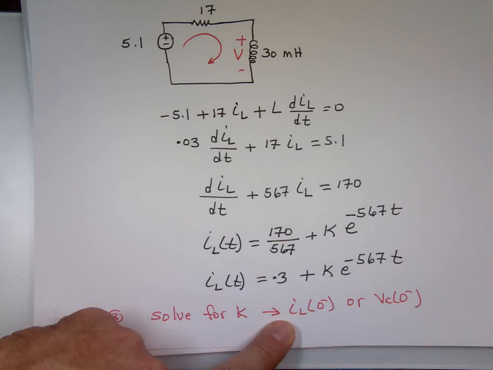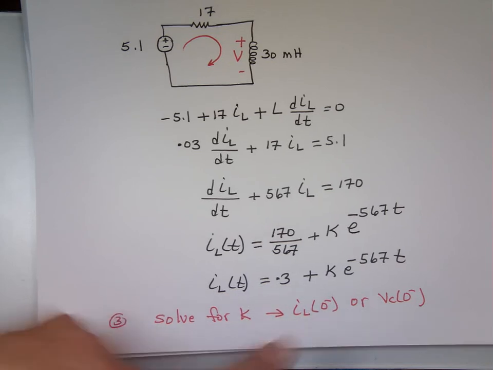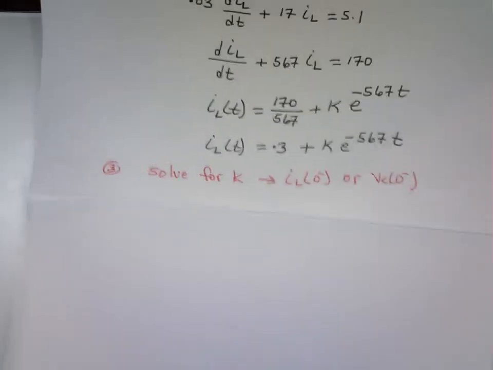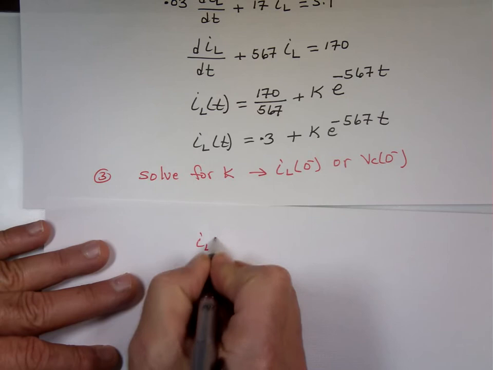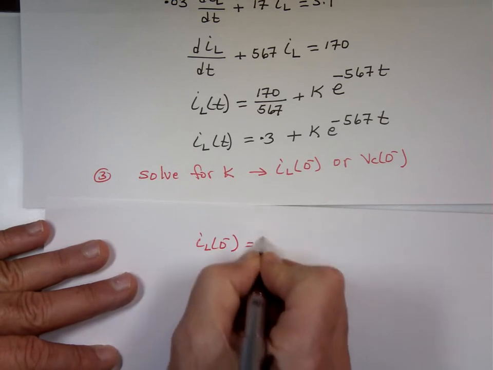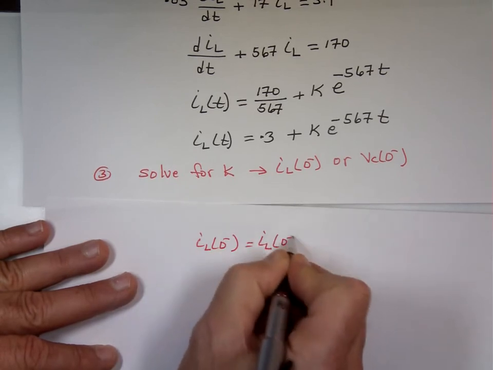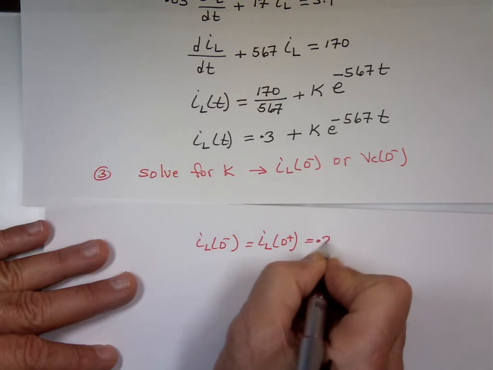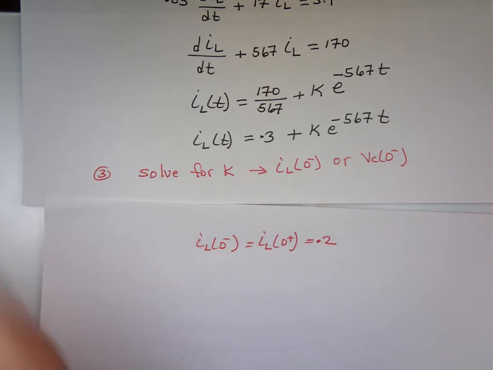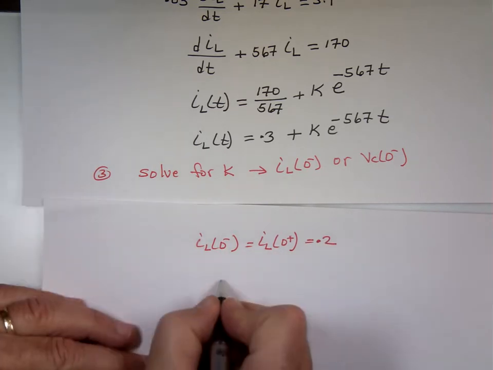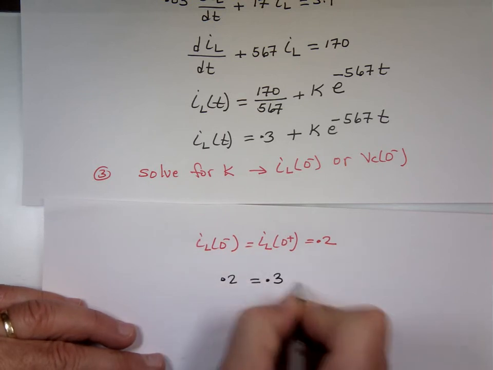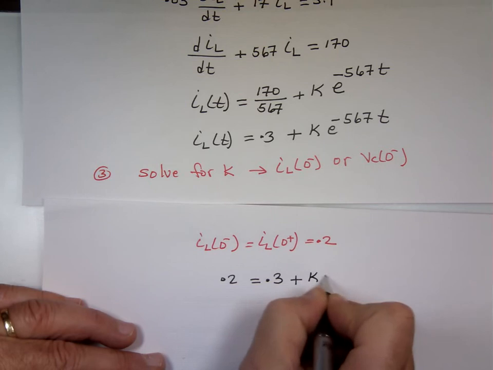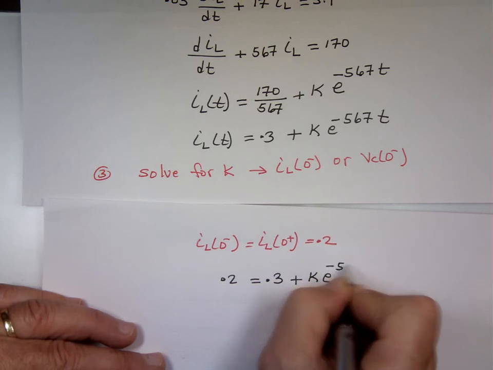If you look at the circuit for t less than 0, is that 0.2? So I sub L at 0 minus equals I sub L at 0 plus, which is 0.2. Now I should be able to solve for K. 0.2 equals 0.3 plus K e to the power of negative 567 times 0.